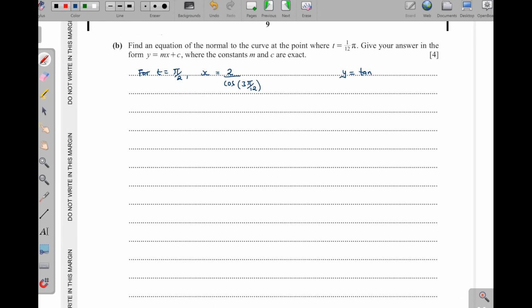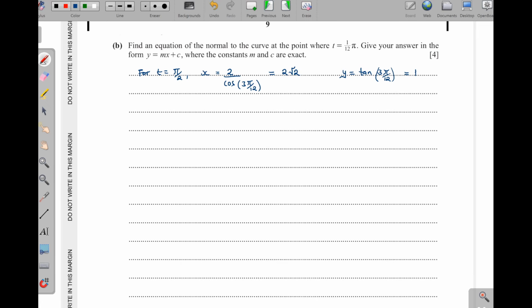Then 3t with t equal to pi over 12 gives pi over 4, which is a 1 when you get its tan. And then here we have again pi over 4, so cos is root 2 over 2. So this one will somersault and we shall have 1 over root 2, then it somersaults again. So the whole answer becomes 2 root 2. You see that?